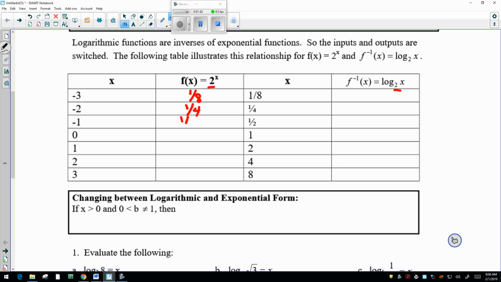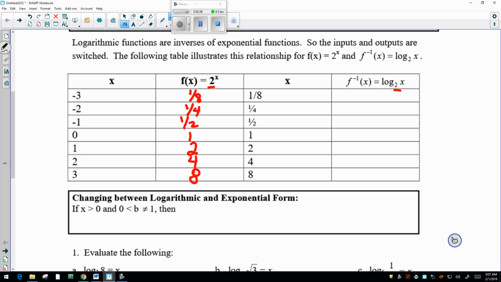And if we keep filling this in, and again, this is something you could do on your calculator, but just so we have a visual representation of what's happening, this would be our exponential function evaluated going from -3 to +3. So knowing that these two are inverses, I should be seeing my x and y coordinates flipping.